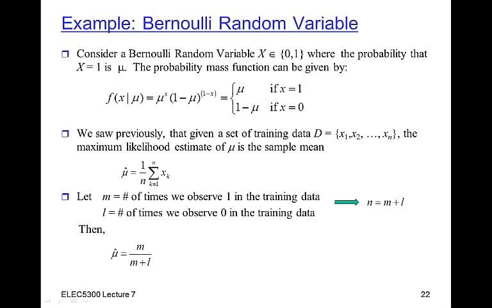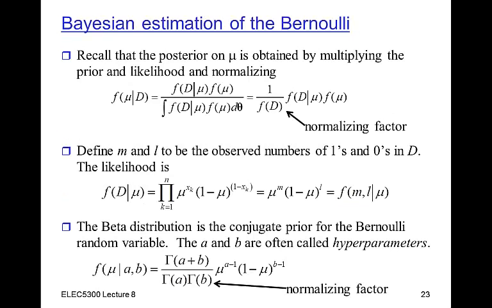Now let's look at this in terms of Bayesian estimation. To estimate mu using Bayesian estimation, we have to assume an initial prior, f of mu, and we want to generate a new prior, f of mu given the data.